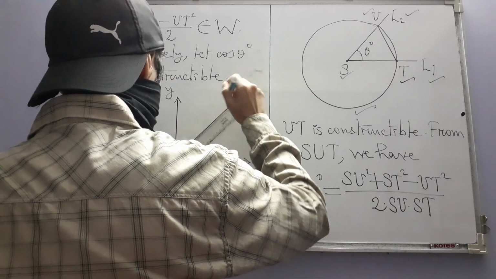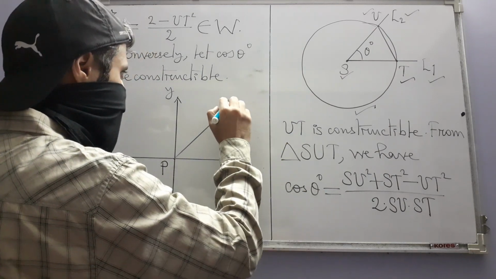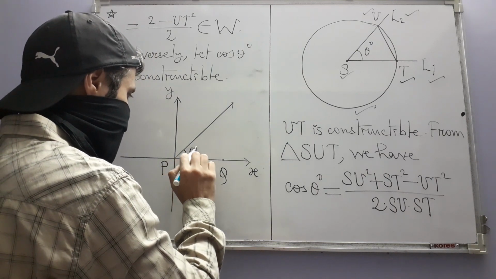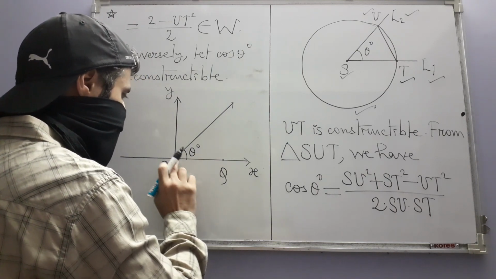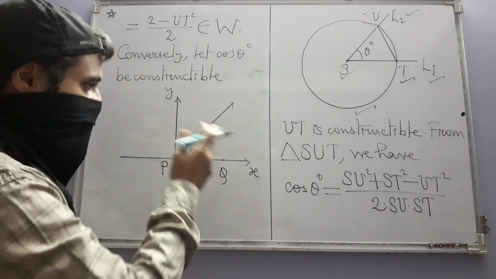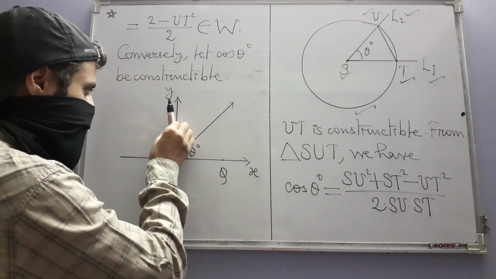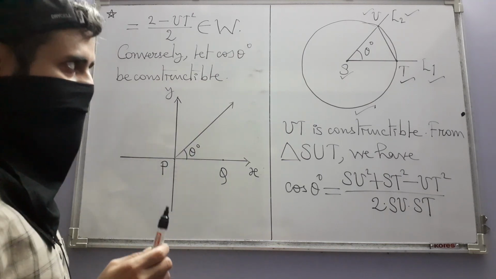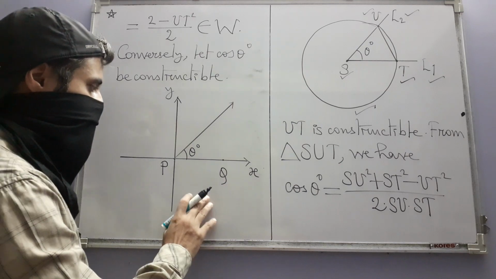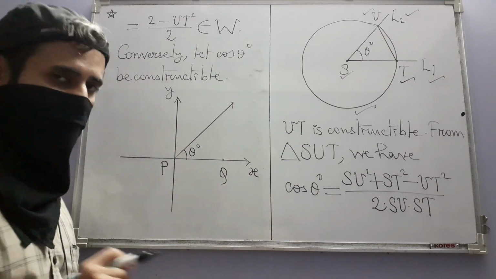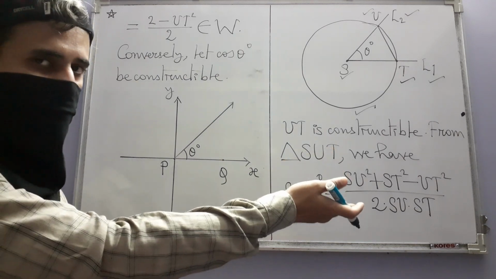Say this is the terminal ray, and then this is our angle theta. But again, let me remind you that this can be like this. It may be a right angle, who knows, or it can be like this also. That does not matter. This is one of the cases. If you draw the other case, there also a similar argument will work.